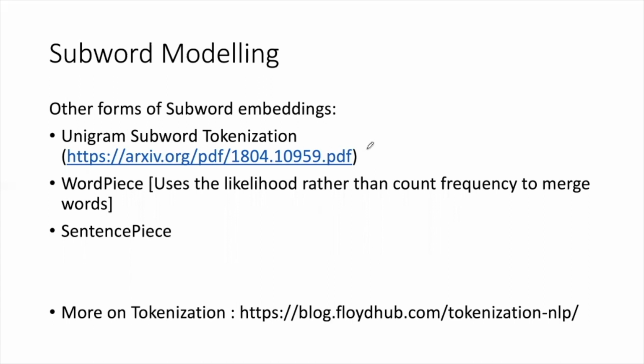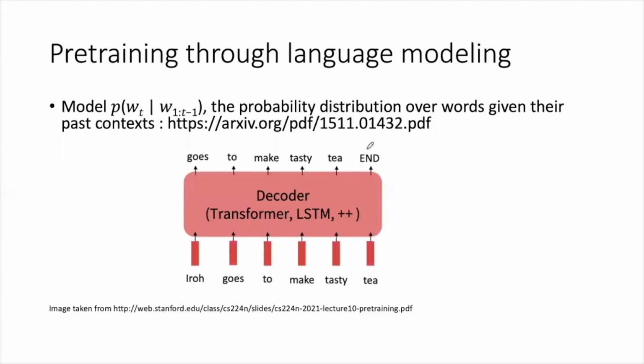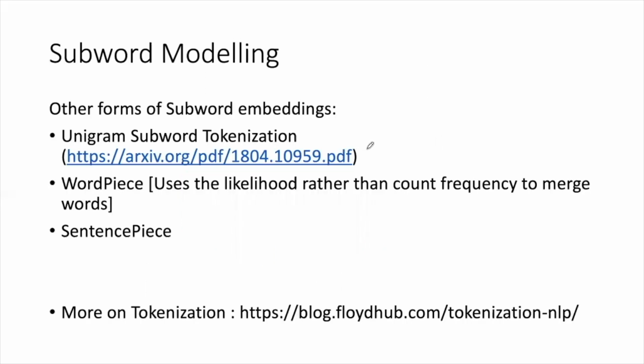Similarly, we have word piece tokenization, which uses likelihood rather than count frequency to merge words. We also have sentence piece. So there are different types of subword modeling techniques. That's typically how tokenization is conducted. We no longer use word level tokenization. We use subword tokens because there are several benefits associated with them.